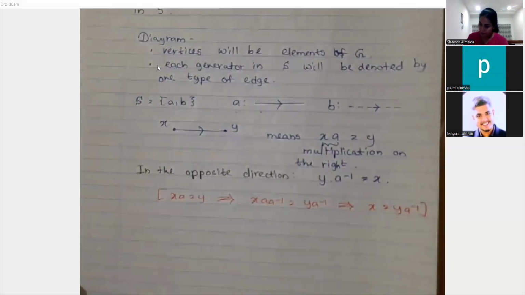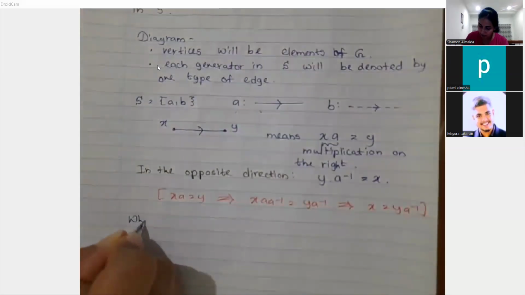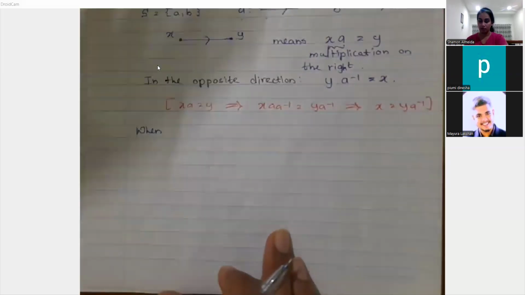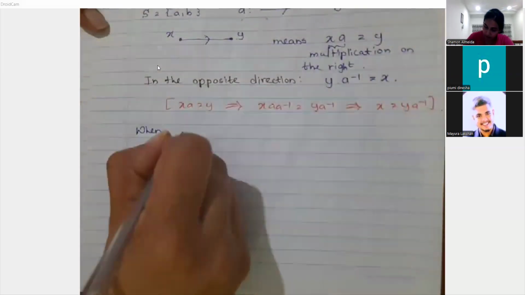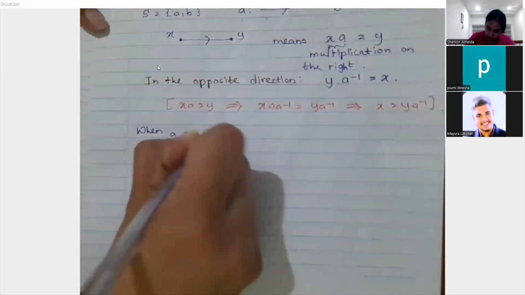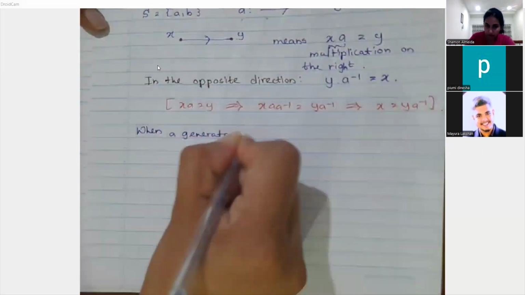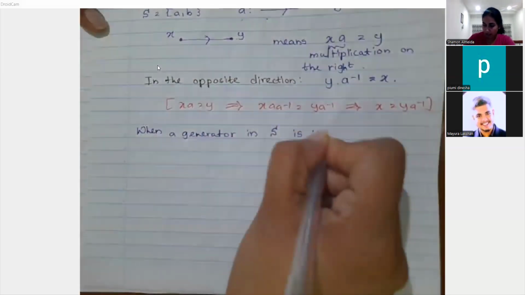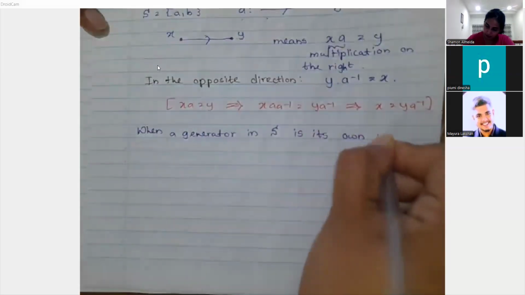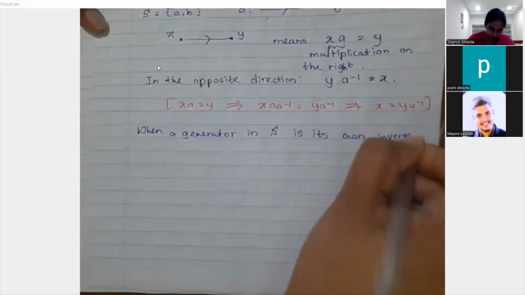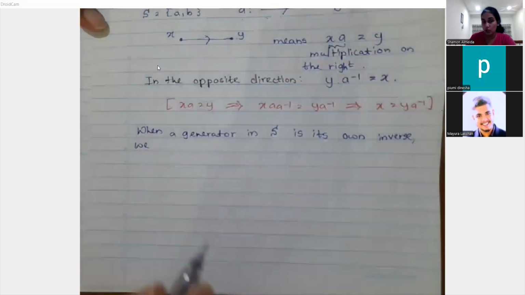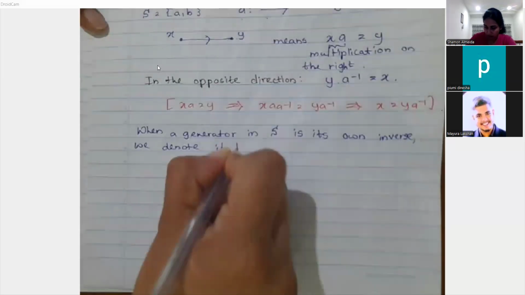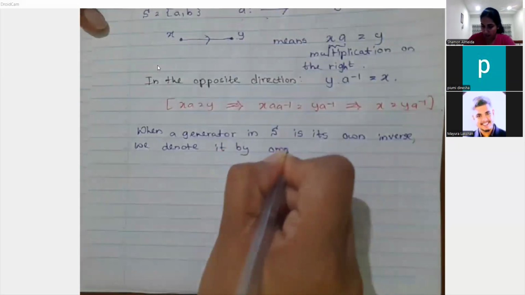Let me write: when a generator in S is its own inverse, we simply denote it by omitting the arrowhead.